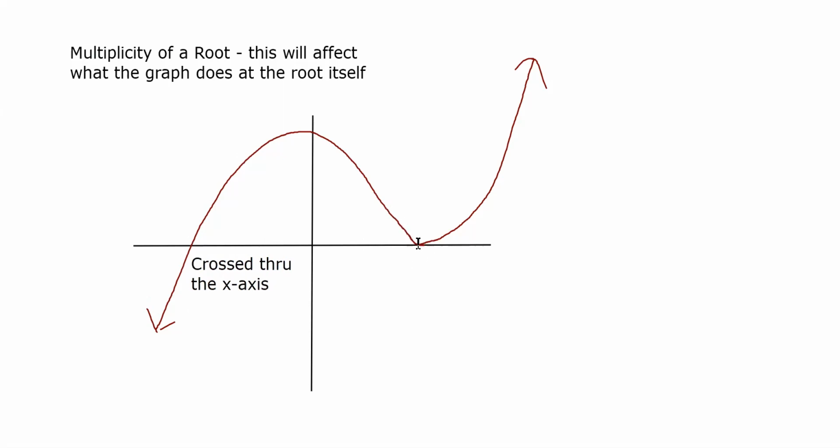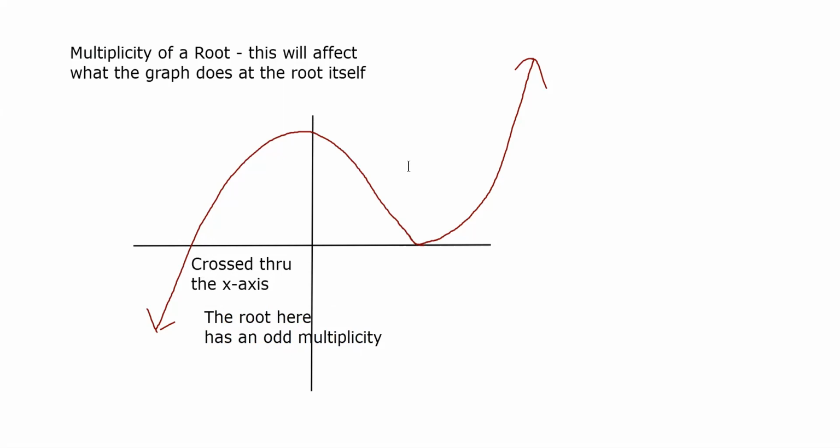This one came down, gave the x-axis a little kiss, and then went back on its merry way. So whenever you cross through the x-axis, the root here has an odd multiplicity. So odd multiplicity goes hand in hand with straight up crossing completely through the x-axis.